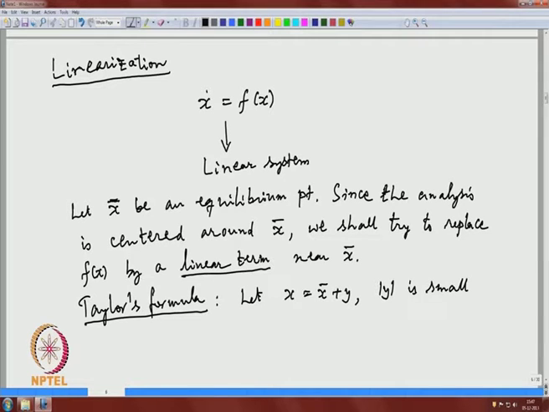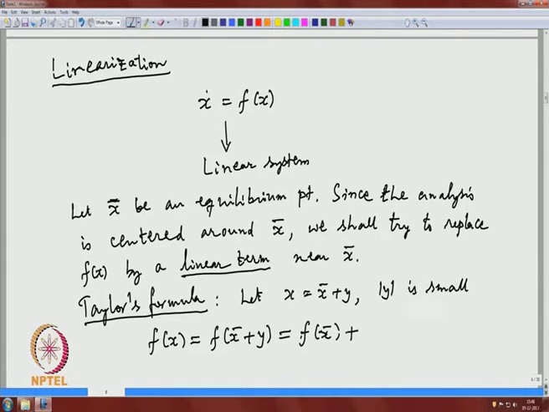So, I would like to write that. So, f of x now will be f of x bar plus y. So, if it were just one variable and just one function, what generally we do here is f of x bar, plus derivative of f at x bar into y plus second derivative of f at x bar y square, etc.